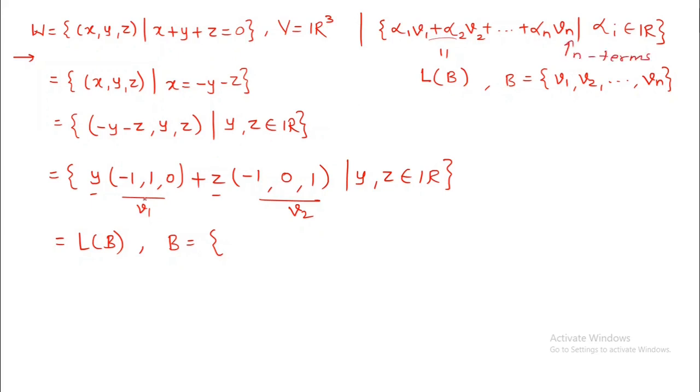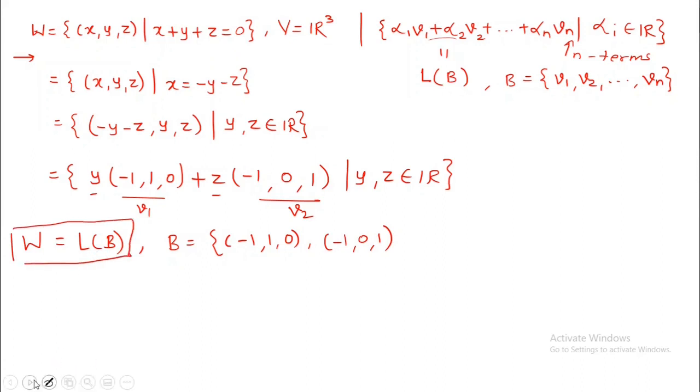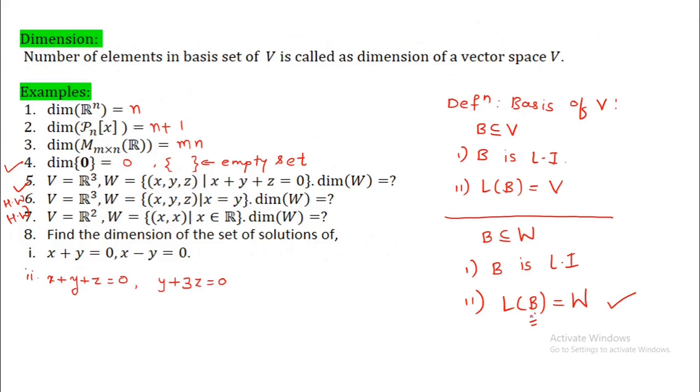Here also there is a sum, but it involves 2 terms only. So in this set we will have 2 vectors, namely (-1, 1, 0) and (-1, 0, 1). Remember, the left hand side is W, right?